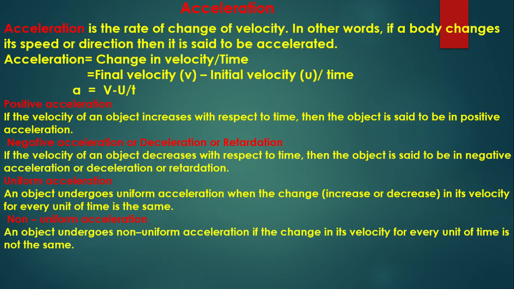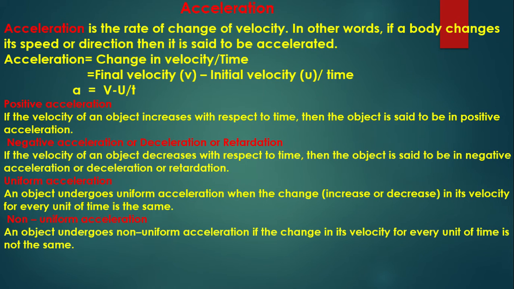Positive acceleration. If the velocity of an object increases with respect to time, then the object is said to be in positive acceleration. Negative acceleration, or deceleration, or retardation: if the velocity of an object decreases with respect to time, then the object is said to be in negative acceleration.